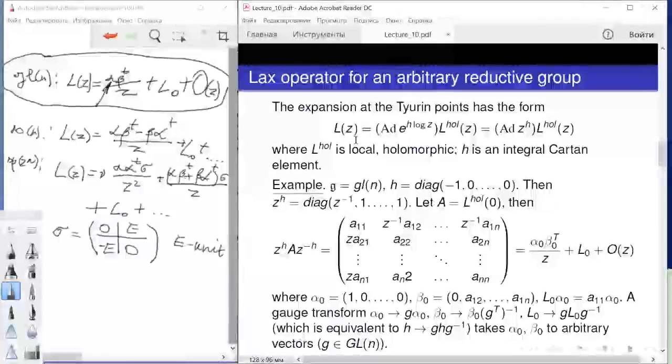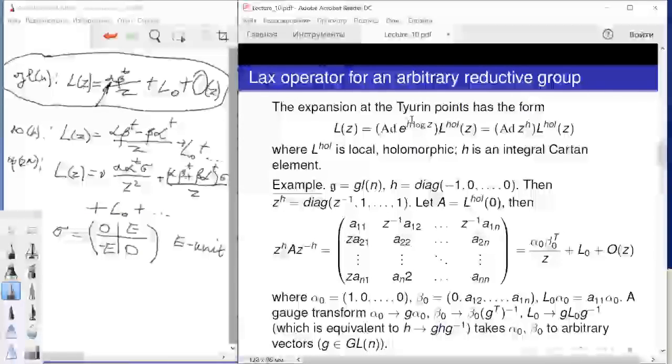We only write it down in the following form. We are in the neighborhood of a point gamma with a local parameter z. Let H be an integral element of the Cartan subalgebra of the Lie algebra G. Then we consider the following requirement.